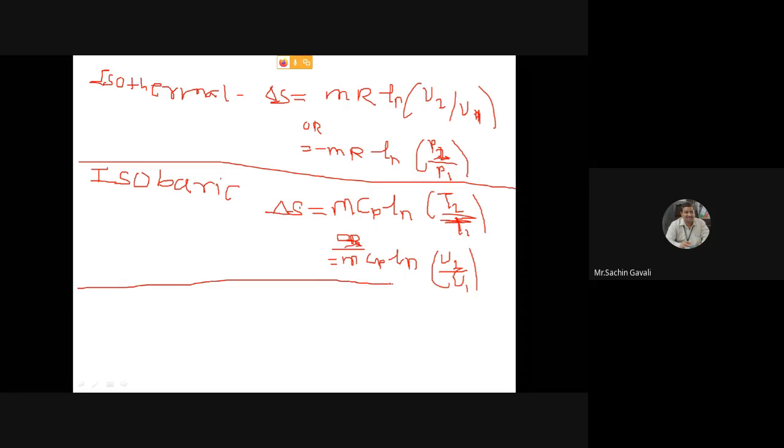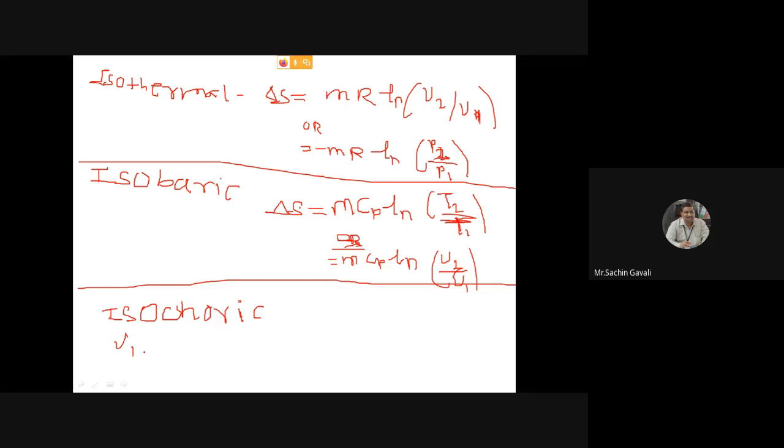Similarly, I want from your side now, we have done the isothermal process and the isobaric process, and next is the isochoric process, entropy change. Isochoric process: V1 is equal to V2.